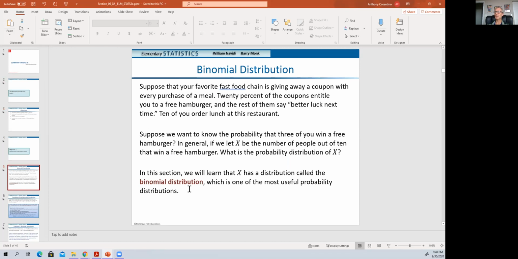So you get this coupon, and 20% of them give you a free hamburger, and the rest of them say, better luck next time, right? So 10 of you go and order a lunch, and suppose you want to know the probability that 3 of you win, or greater than 5 of you win, or less than 3 of you win, etc. This is a binomial distribution.